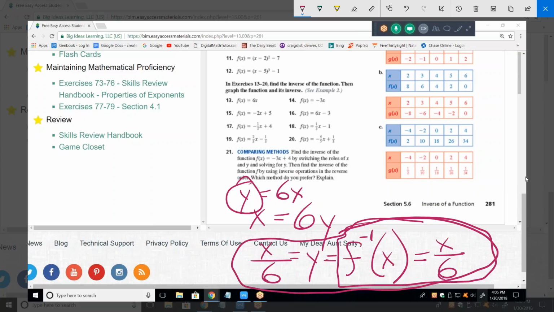Now, they said graph both. So, graph the function itself, 6x. It's the y-intercept.